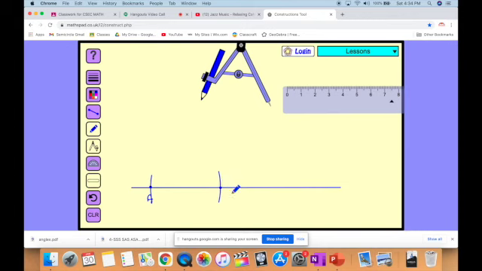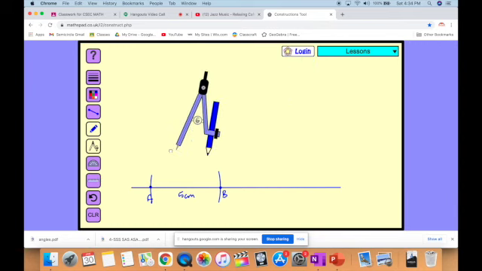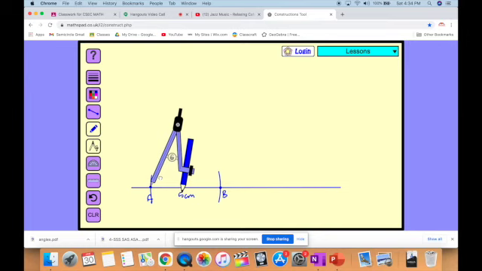So now I have B, and this is 5 centimeters. Now I have to construct a 60-degree from A. So I'll take my compass, I'll put it at the point A, I'll open the compass to any length really, right?